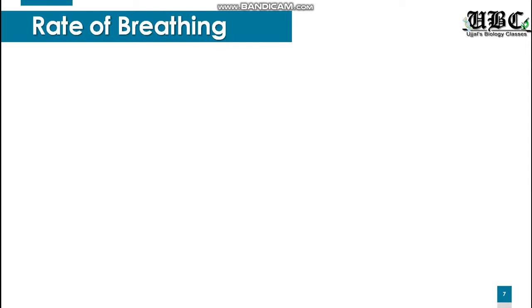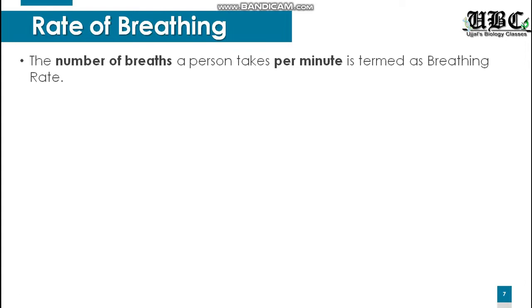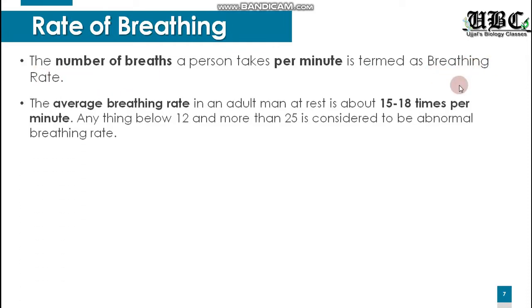Moving on to the next slide, we have the rate of breathing, which is also known as the breathing rate. What is breathing rate? It is defined as the number of breaths a person takes per minute. A breath is one inhalation and one exhalation. So the number of inhalations and exhalations which a person takes per minute is termed the breathing rate.